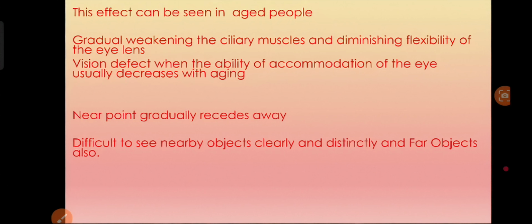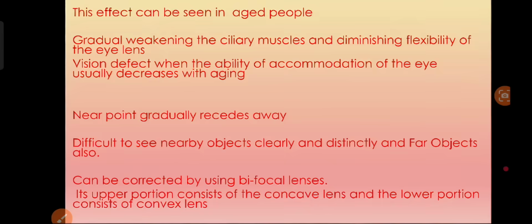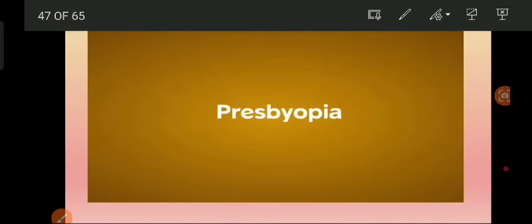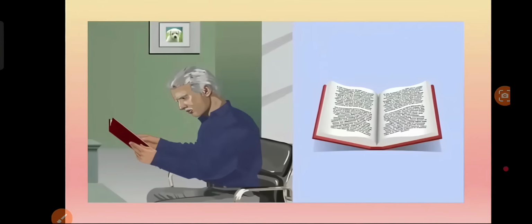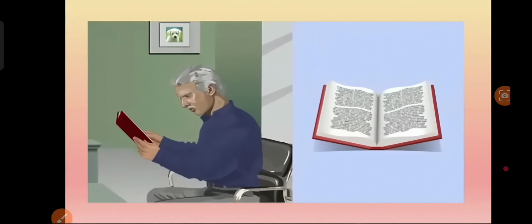Both short sightedness and long sightedness occur because of the weakening of the ciliary muscles and the loss of power of accommodation. Here we can see a video on presbyopia. Here you can see that due to aging, the ciliary muscles are going to be weakened.